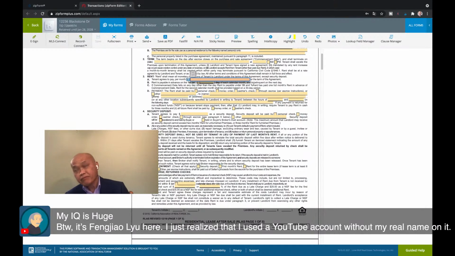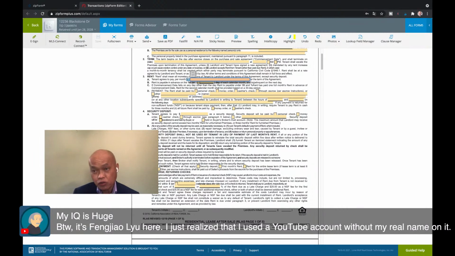Now, in a rent back situation, it's different from when you are leasing a property to a tenant. In the rent back situation, the lease may start on a date that is other than the first.